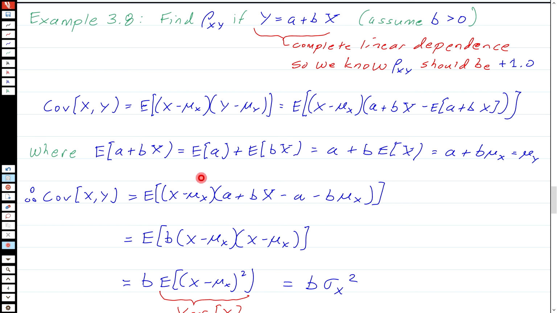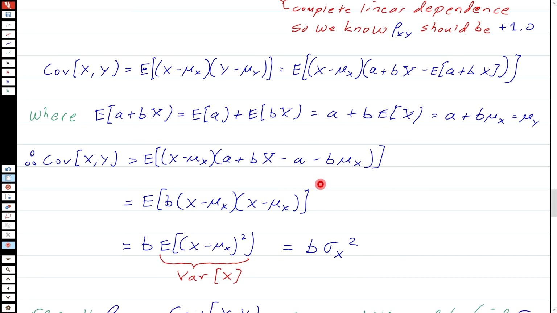So plugging that into our expression up here, we have covariance between x and y is expected value of x minus its mean times a plus bx minus a minus b mu of x. Now let's collect terms. We see that the a's cancel in here. I get bx minus b mu of x, so I can factor the b out and put it in front here.